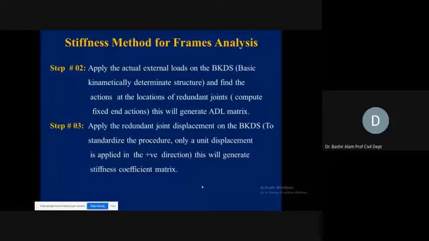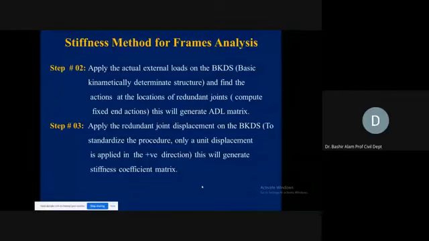And what is the ADL matrix? For the ADL matrix, we apply the actual external loads to the restraint structure, and we find out the corresponding actions to the unknown joint displacements, and those corresponding actions constitute the ADL matrix.